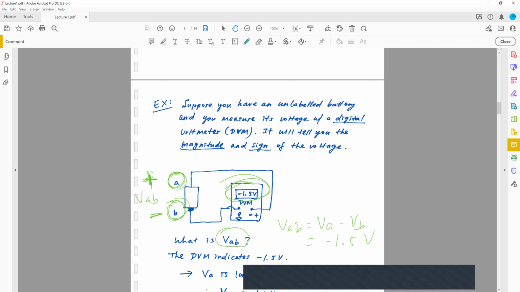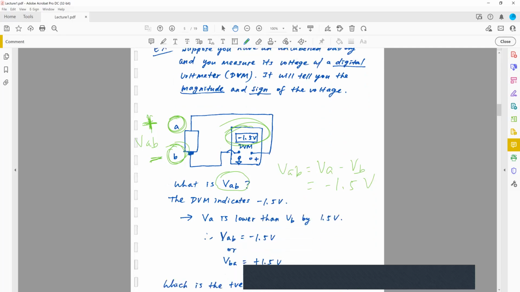Okay, so this is simple enough for you to figure out mathematically. And of course, if going from high to low, plus to minus, I have minus 1.5, then you know that VAB is equal to minus 1.5, or you can say VBA is equal to plus 1.5 volts.